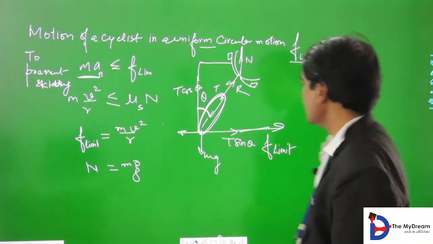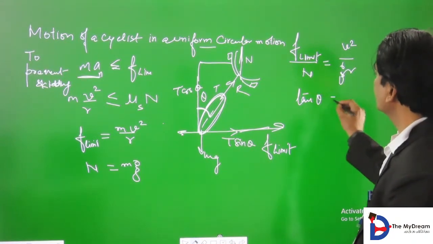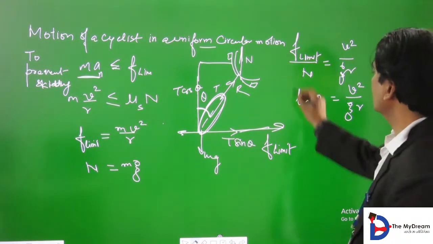And this is equal to tan theta, V square by GR.